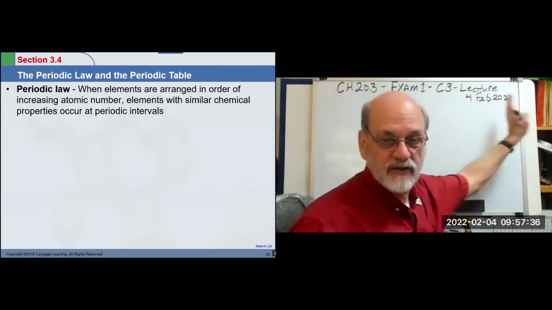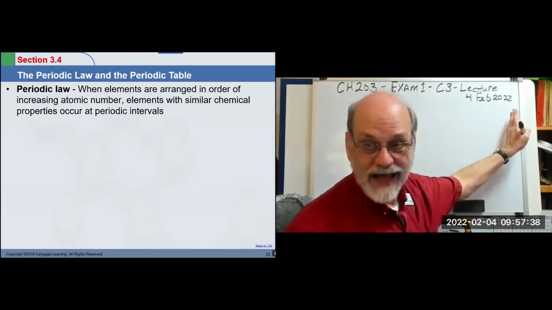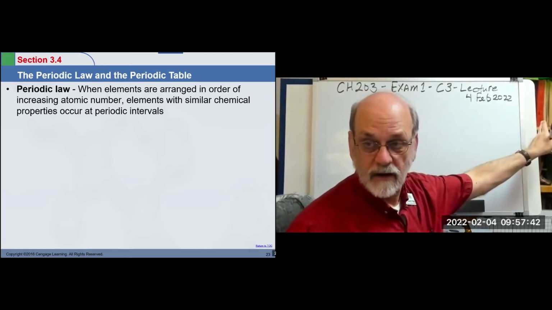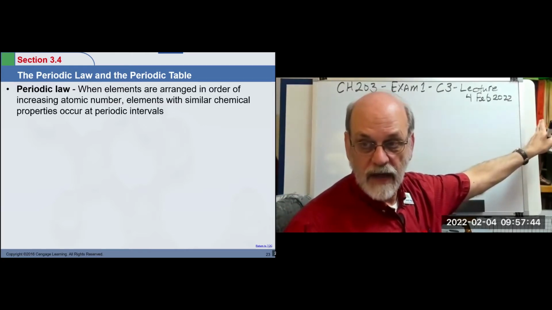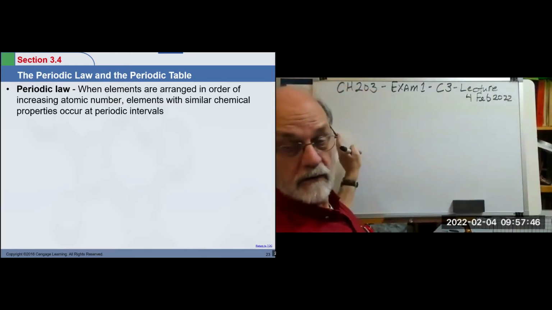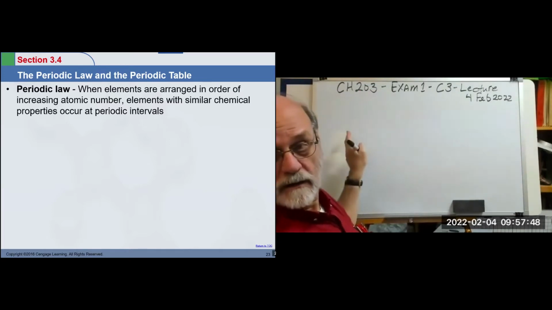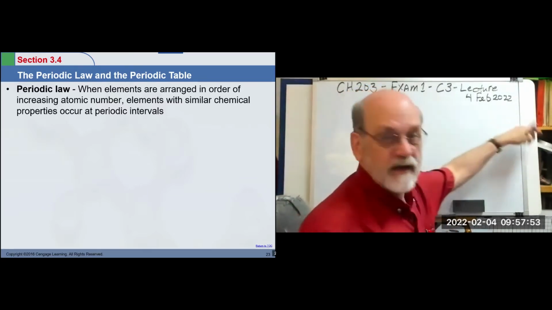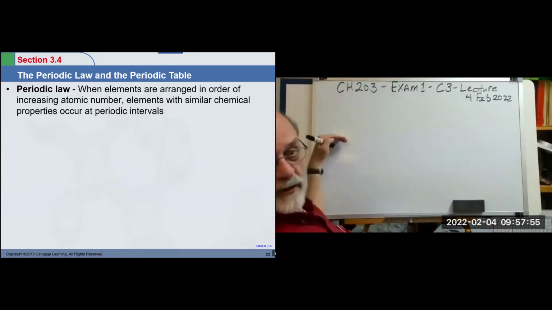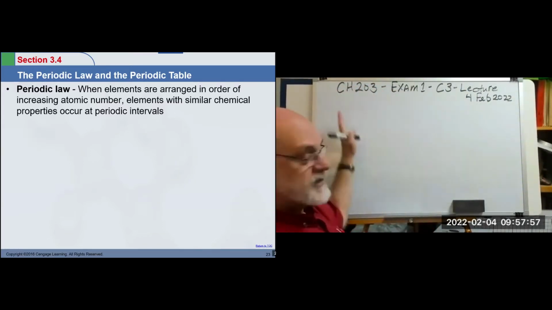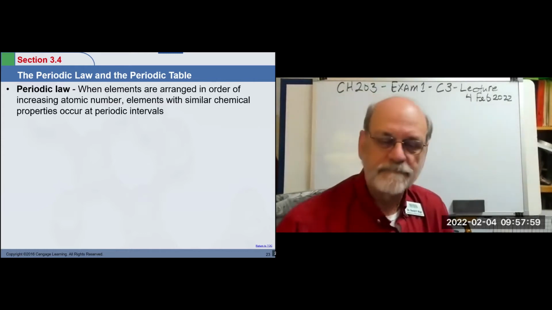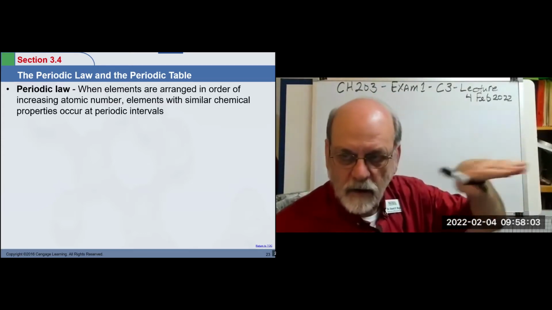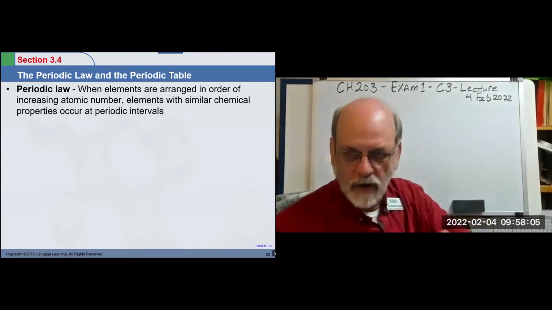And then when we get down to one end past the noble gases, we find that the next one down here actually looks like ones in this group over here. So we go through one period, go back over here, start another period, so that we can keep these things lined up in their groups. That's the period. The period is in a row. Groups are in columns.